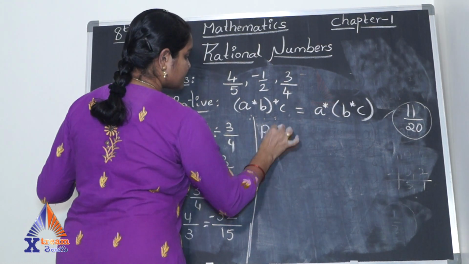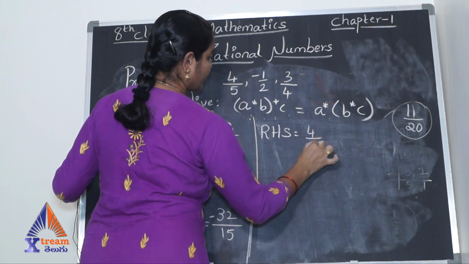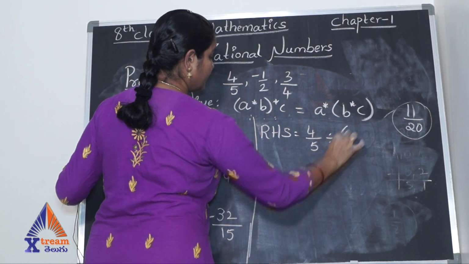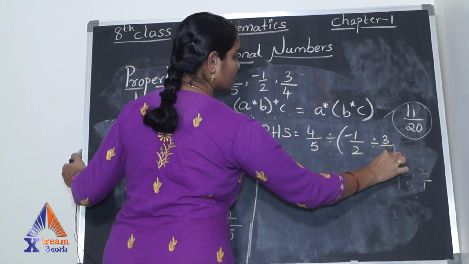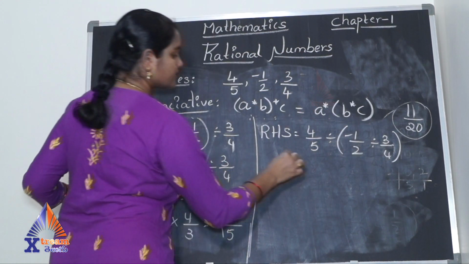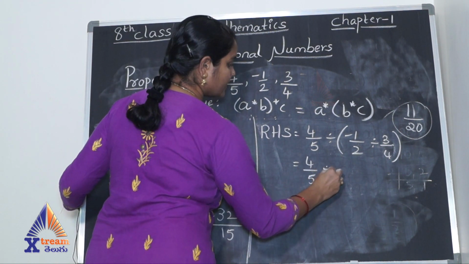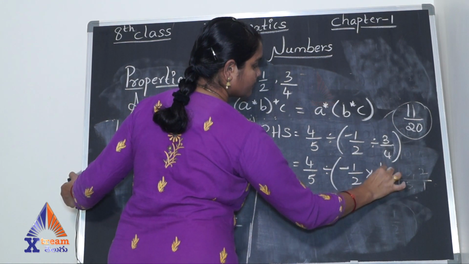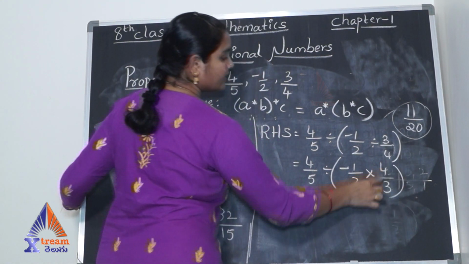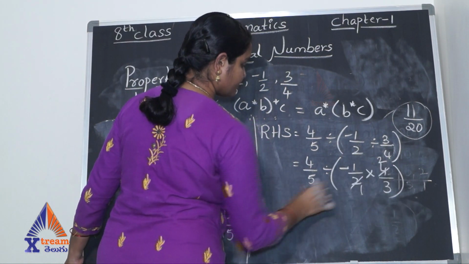Now RHS. 4 by 5 divided by minus 1 by 2 divided by 3 by 4. This is the RHS part. Now 4 by 5 divided by minus 1 by 2 into 4 by 3. Now we have a chance of cancellation here. 2 1s and 2 2s.